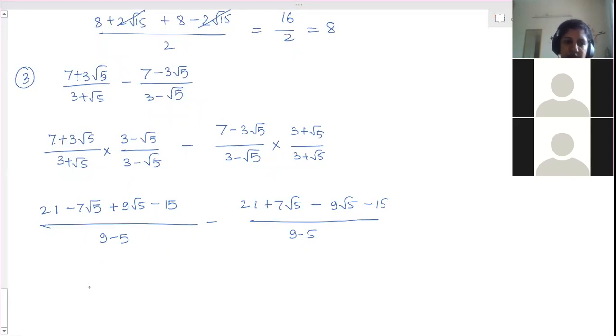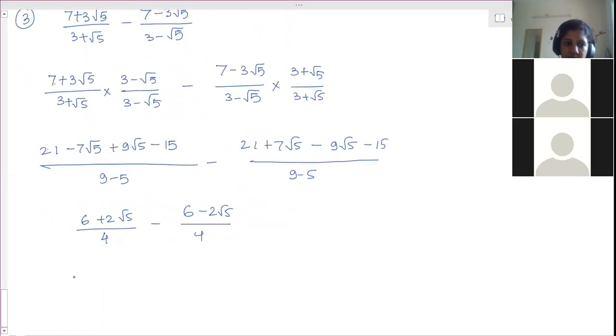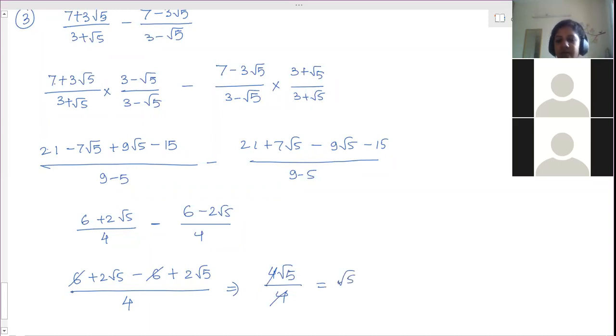First simplify the numerator. 21 minus 15 is 6 plus 2 root 5 by 4 minus 6 minus 2 root 5 by 4. 6 plus 2 root 5 minus 6, this minus is applicable to this also, so it is plus 2 root 5 divided by 4. So minus 6 plus 6 cancel. 2 root 5 plus 2 root 5 is 4 root 5 by 4. This 4 gets cancelled. Answer is root 5.